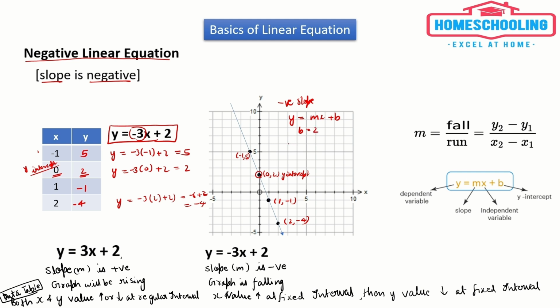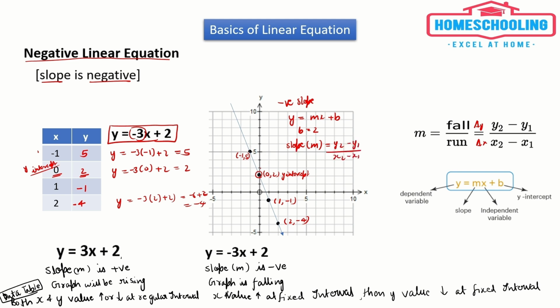Now what is going to be our slope m here? So slope m is equal to, as we have read in the positive linear equation, rise by run. But here the graph is decreasing, so instead of rise, we will have fall, and by run. So that is delta y divided by delta x. That is equal to y2 minus y1 divided by x2 minus x1.